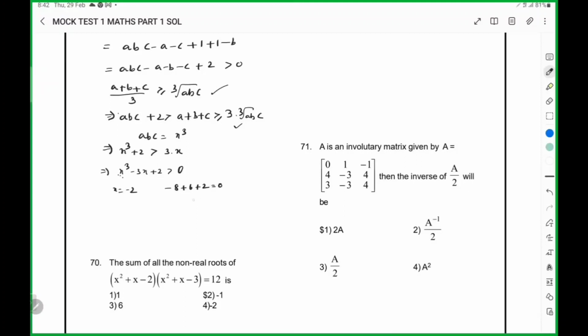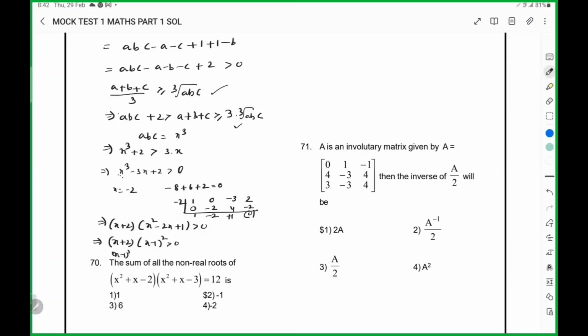So to find out the remaining factors, this cubic expression I can write as x square minus 2x plus 1 into x plus 2.